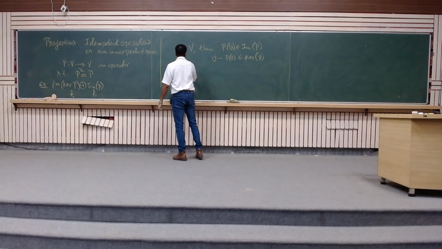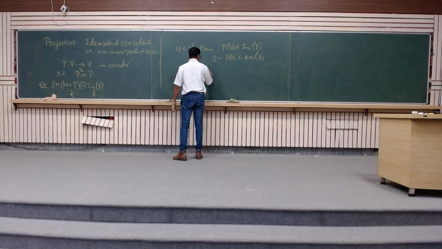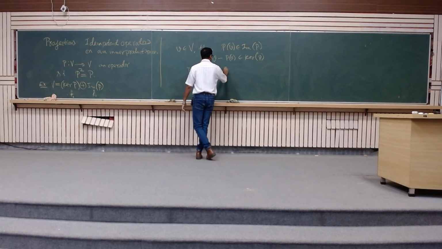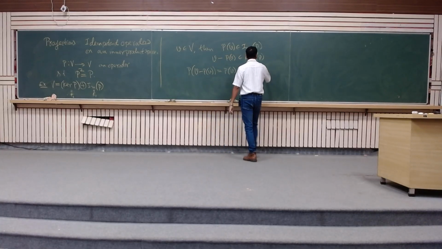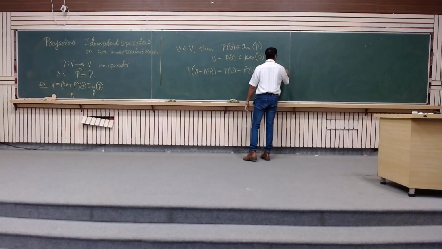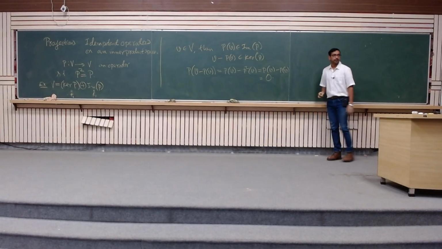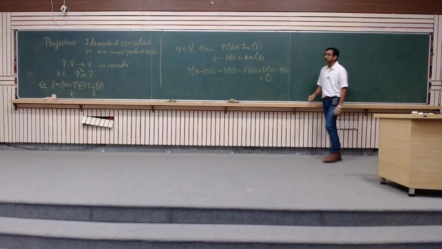What I mean is that P of (v minus Pv) is equal to Pv minus P squared v, which is equal to Pv minus Pv, which is equal to 0, because P squared was equal to P. Okay. Right.